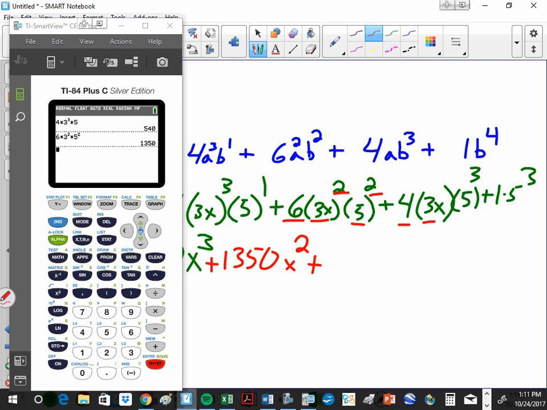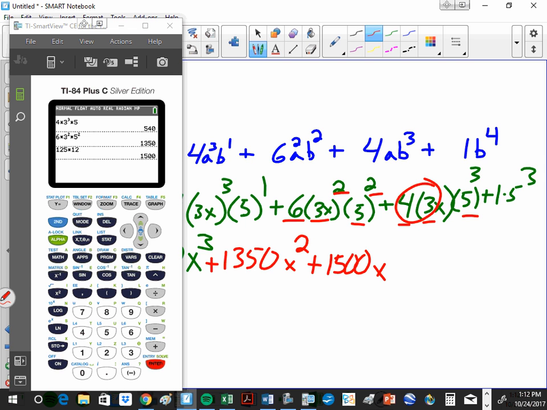Plus 4 times 3 times 5 to the 3rd. What is 5 to the 3rd? 5 times 5 is 25, and if you have 5 quarters, that would be 125. So it's going to be 125 times 12. 125 times 12 is 1500x, plus 1 times 5.